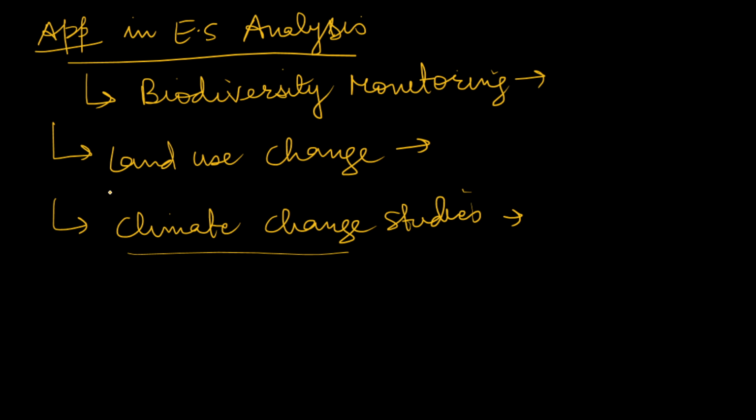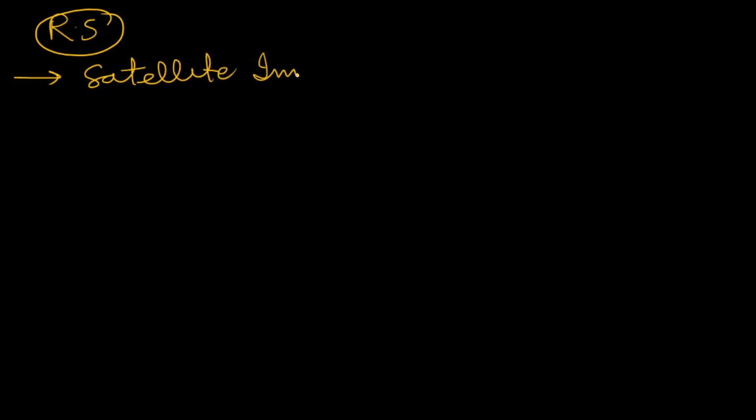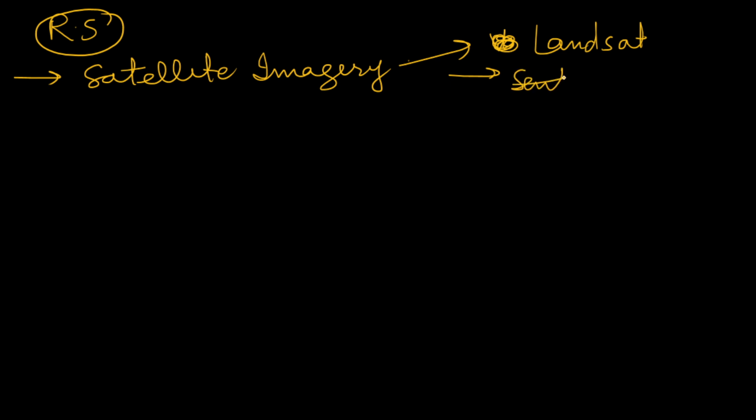Here you can also write the various types of remote sensing systems used in ecosystem analysis. First of all, satellite imagery. Here we capture images using various types of satellites used in remote sensing, such as Landsat and the Sentinel satellites.